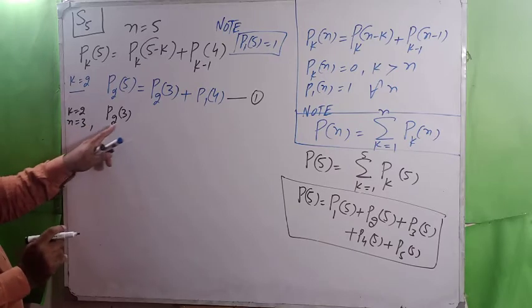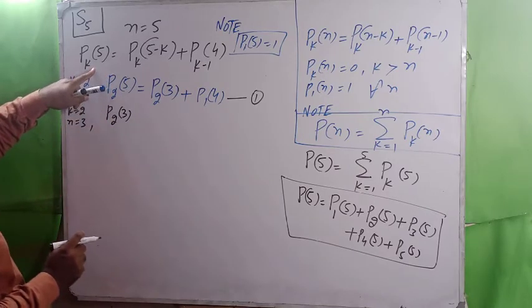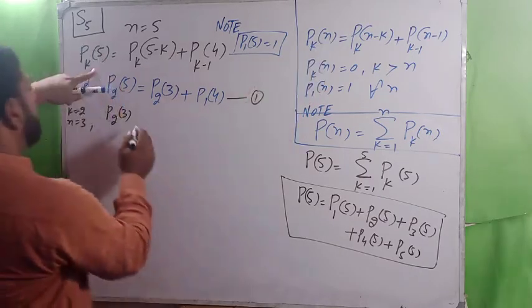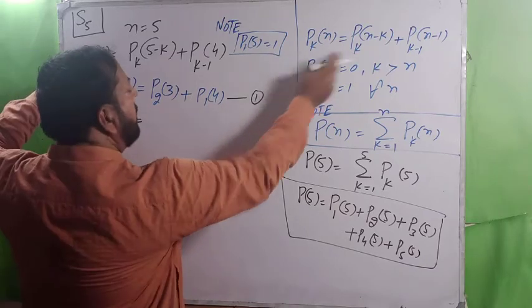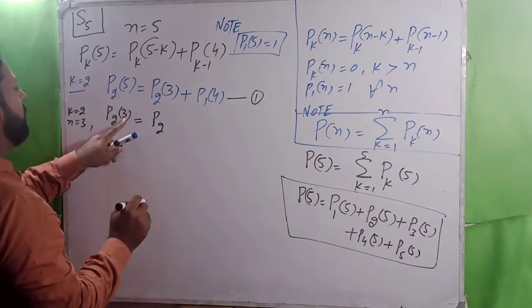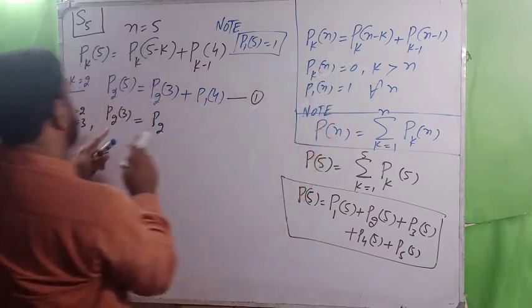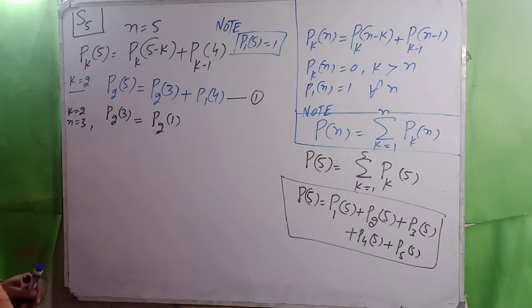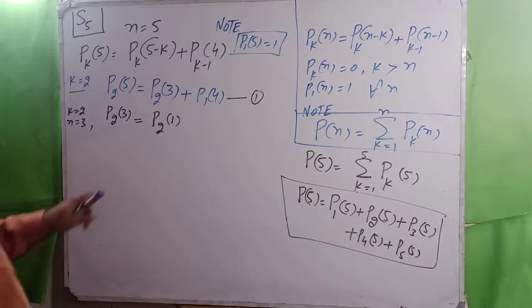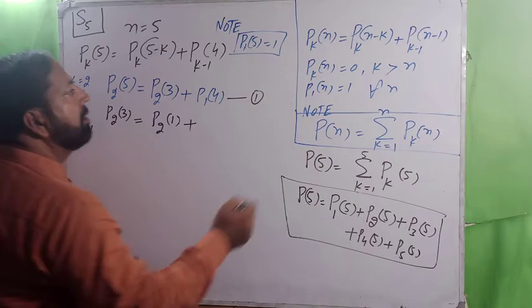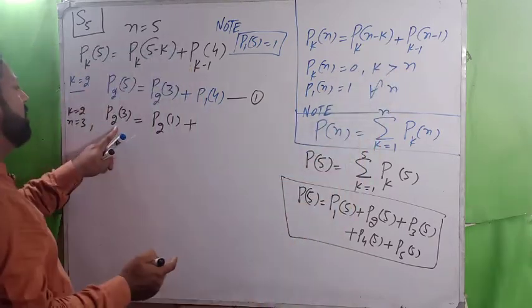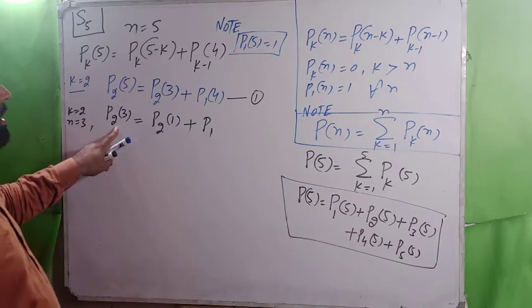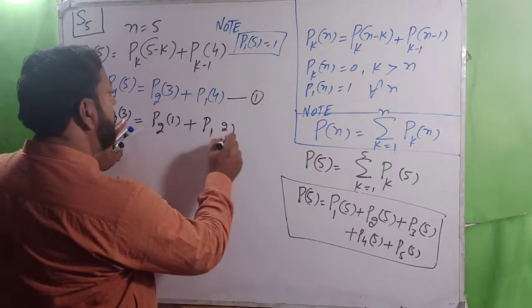To get P2,3, P2,3 is equal to P2,n minus k, 3 minus 2, this is 1, plus P k minus 1, 2 minus 1, this is P1, n minus 1, 3 minus 1, P1,2.